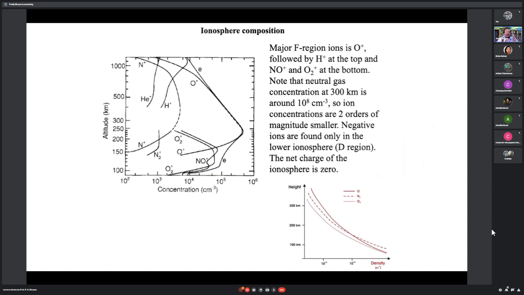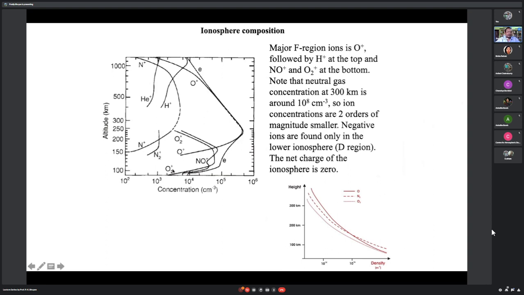Some of your senior students here analyzed the source data. So you can see the percentage of O plus with respect to the percentage of other ions at any height. From this graph, O plus starts from about 120 kilometers, goes to a maximum around 250 for this curve, and then reduces to less than 10 to the power 3 at heights of more than 1,000 kilometers.